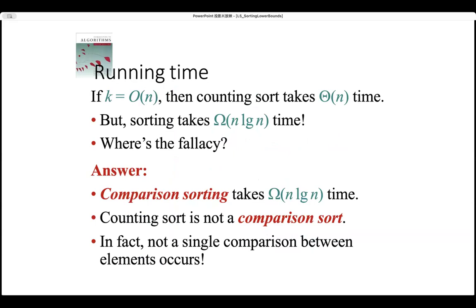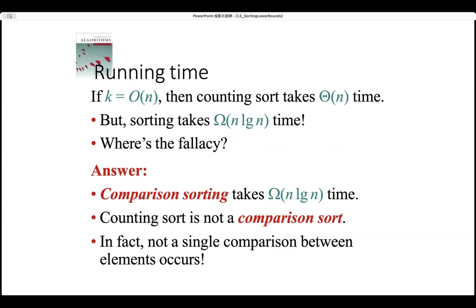If k is linear to the size of the input array, then counting sort basically takes linear time, right?